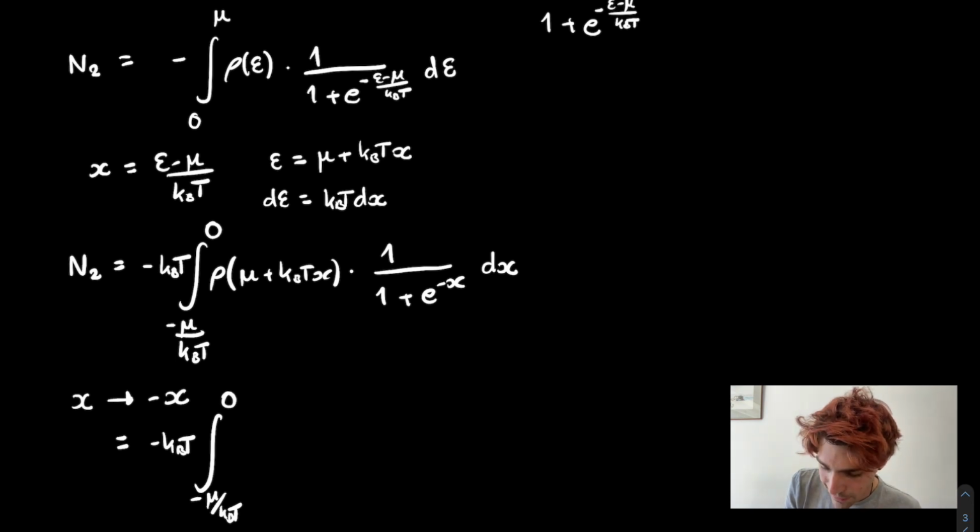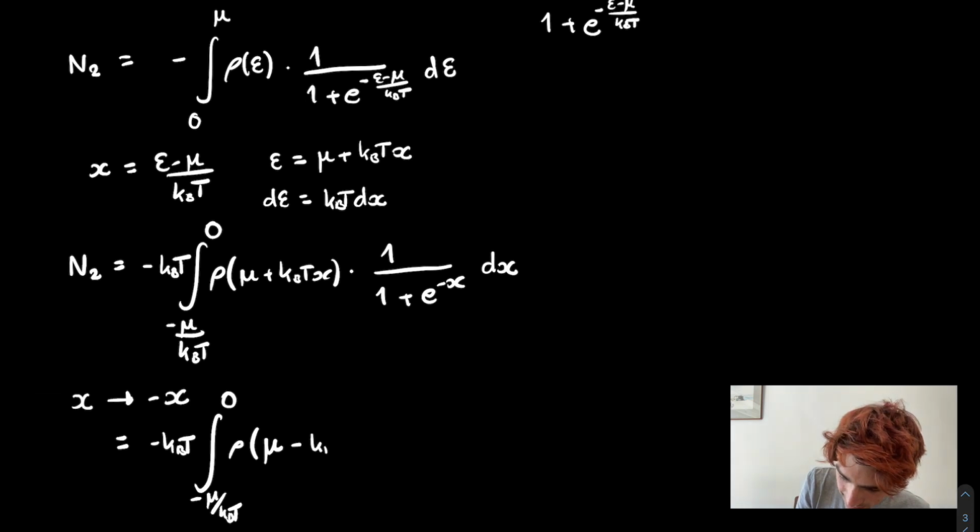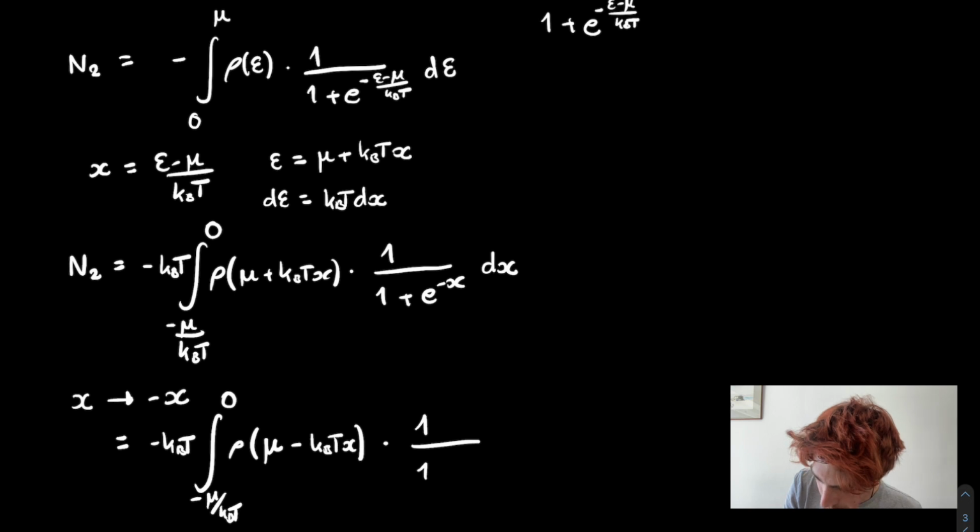Our density of states function starts off the same, but x goes to minus x, so we get mu minus kBT x instead. Instead of this term we simply swap the minus sign for a plus sign, 1 plus e to the x, and dx becomes minus dx, which cancels with that minus sign.